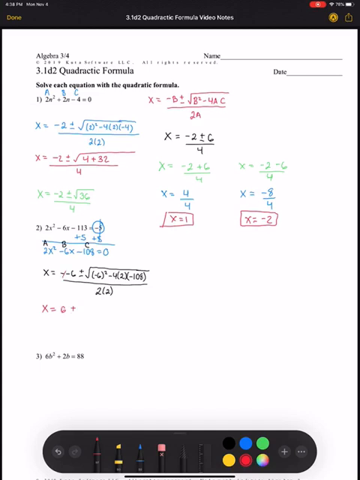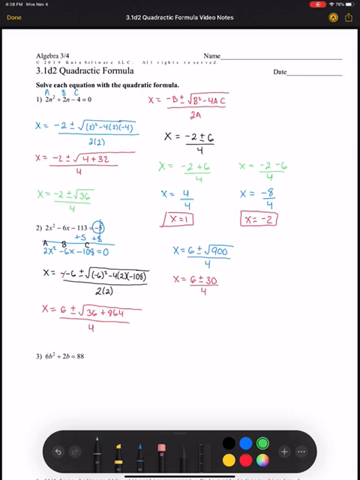So positive 6 plus or minus the square root of 36. Negative 4 times positive 2 times negative 108 is going to be 864. So positive 864 all over 2 times 2, which is 4. So x equals 6 plus or minus the square root of 900 over 4. The square root of 900 is 30, so x equals 6 plus or minus 30 over 4.